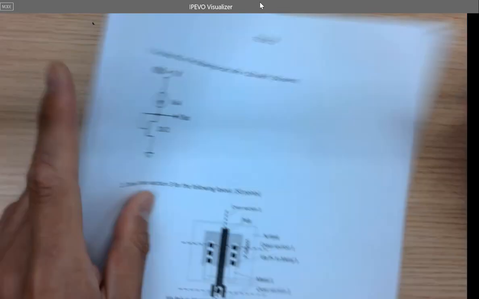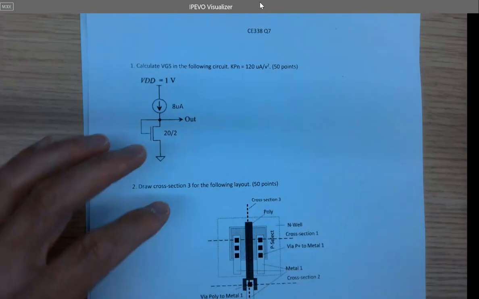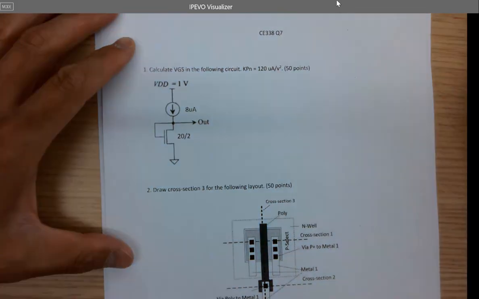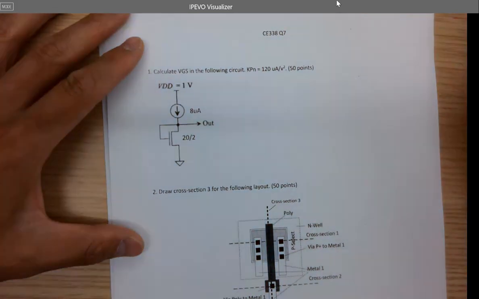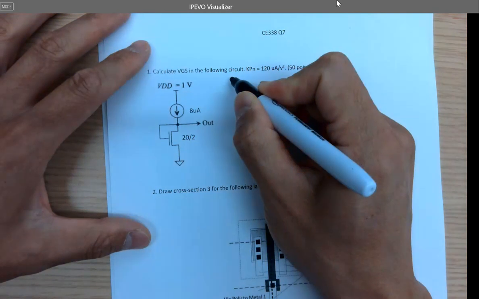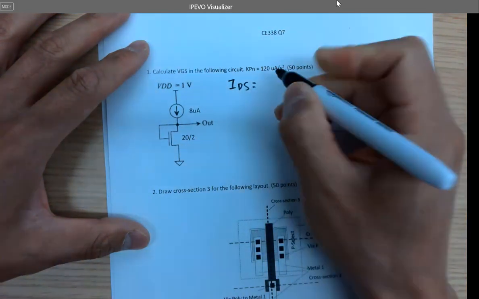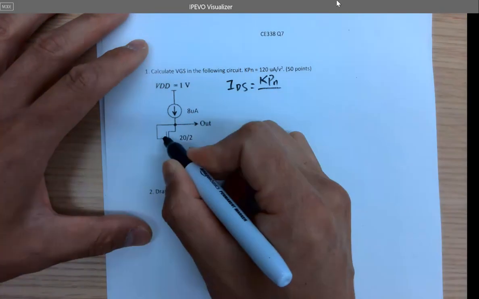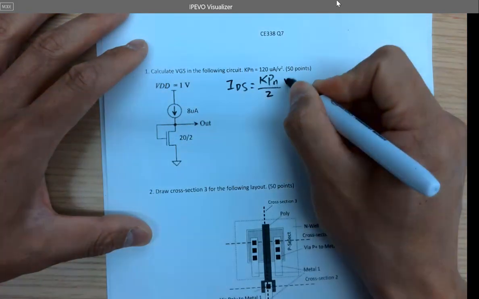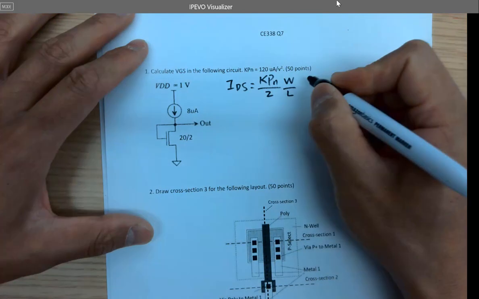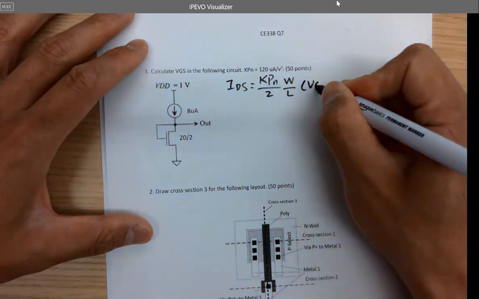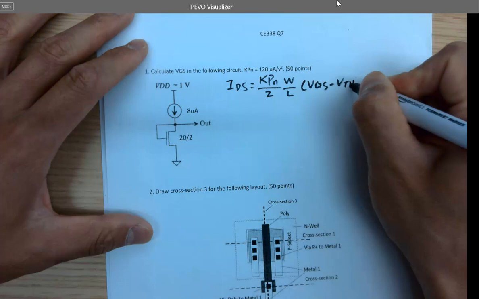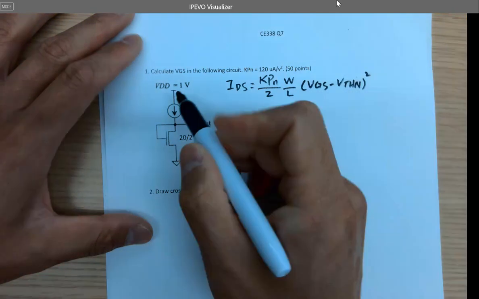So the quiz first. The square law equation: IDS equals KPN. This is n moles. You can see there's no bubble here, so it's n moles. KPN over 2 W over L, VGS minus VTHN, squared, where VTHN is 0.8 volts.